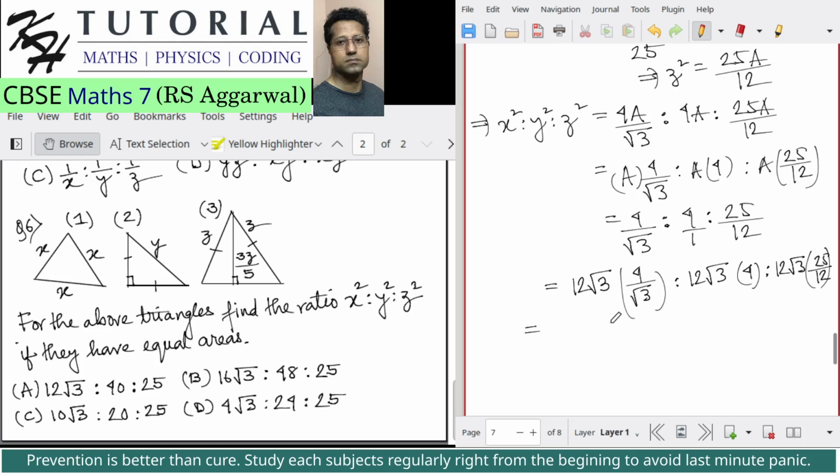Now if I simplify each part, it will be 48, is to 48 square root of 3, is to 25 square root of 3.